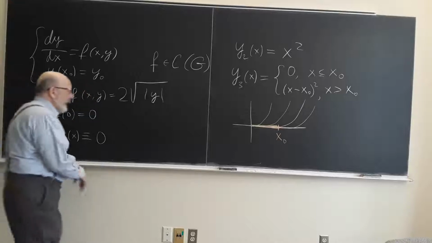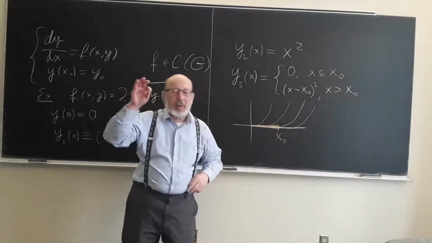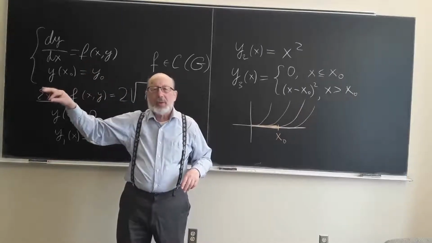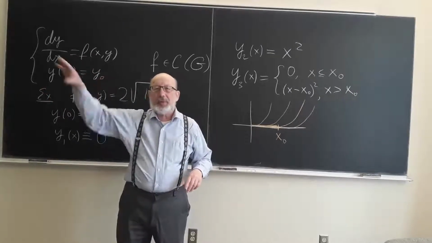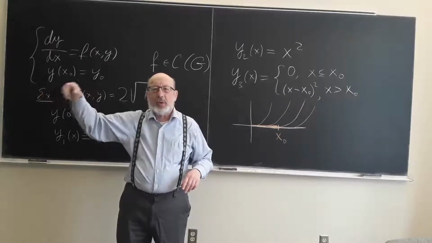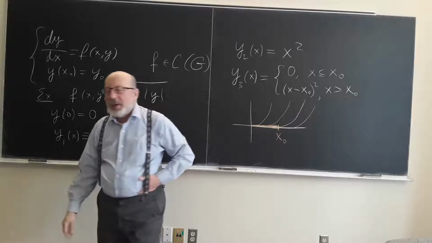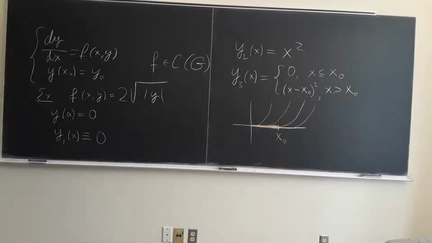So for any initial point in our domain G, we have more than one solution. Now, if you have two different solutions, then you have infinitely many solutions. So it is highly non-unique.